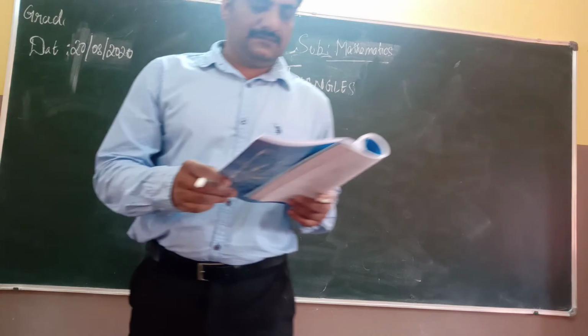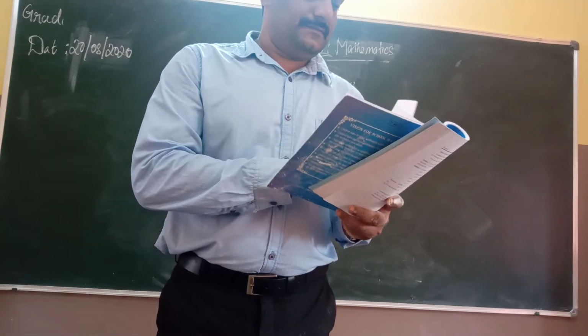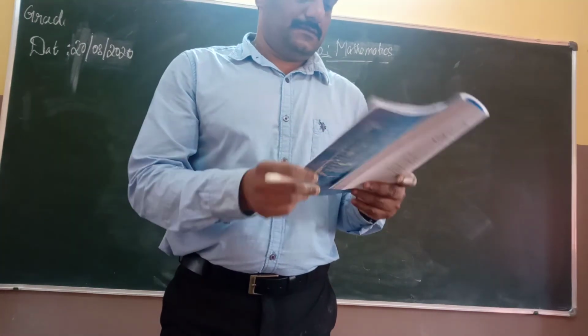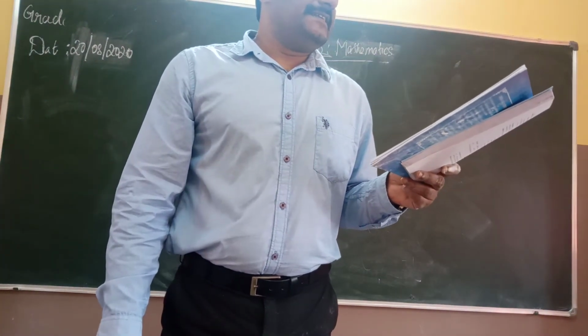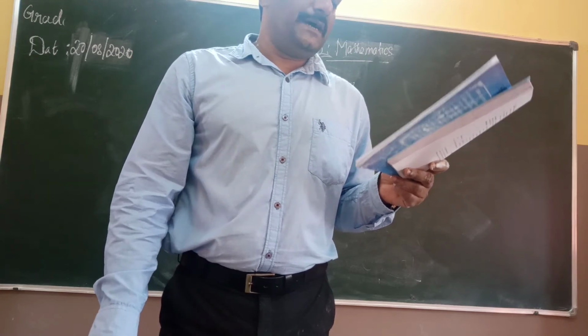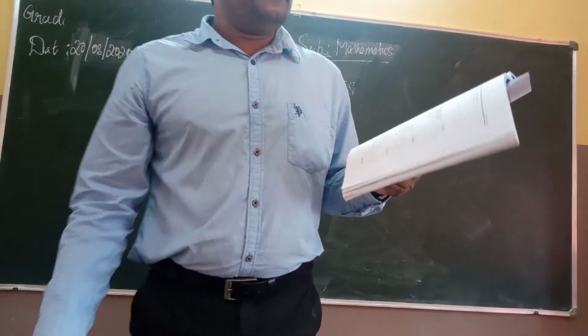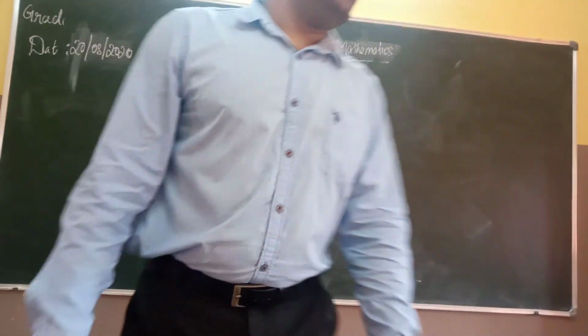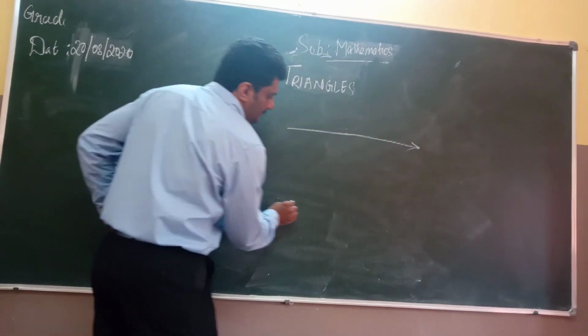Fourth question. Okay, fourth, just give it a try how to do that. In the fourth question, they are telling that L and M are two parallel lines intersected by another pair of parallel lines P and Q. See here, this is one set of parallel lines.